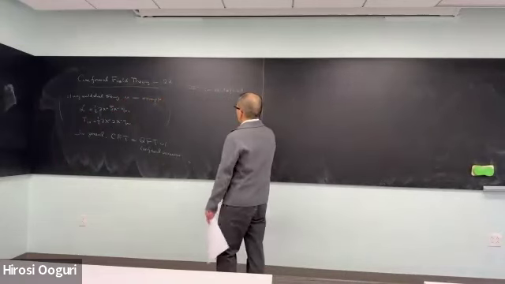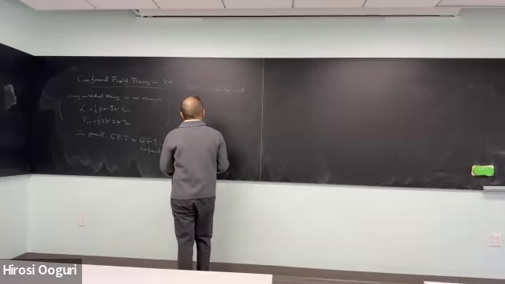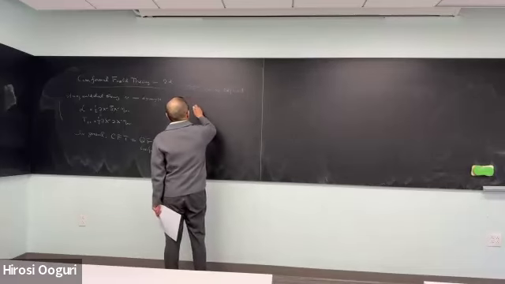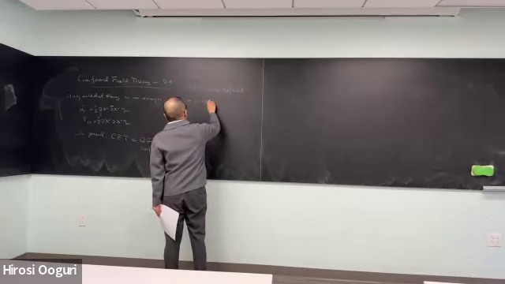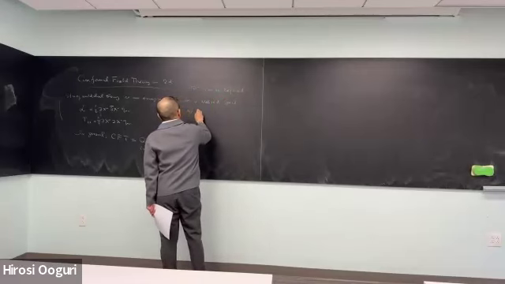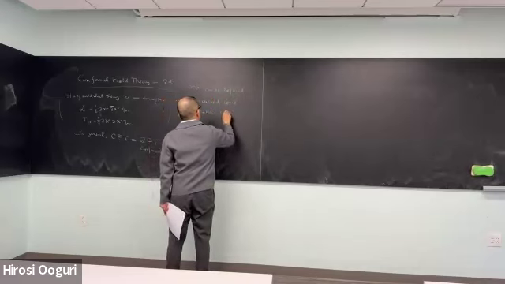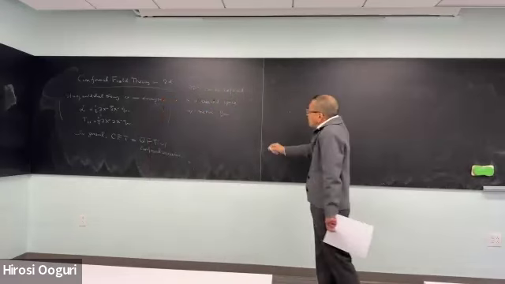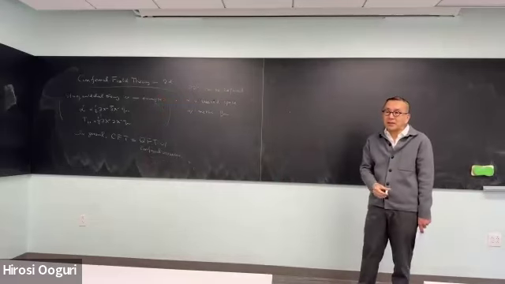So let's consider a situation where the theory is defined in Euclidean signature space. Then it can be defined on a curved space with a non-trivial metric, g_μν. And it is possible because the theory has an energy momentum tensor.